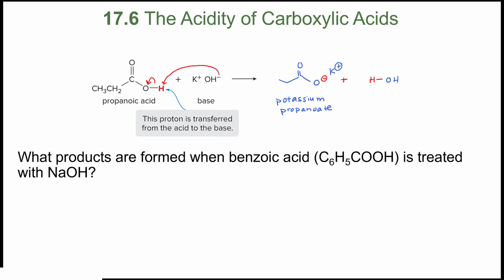So what products are formed when benzoic acid is treated with sodium hydroxide? Benzoic acid, if you recall, is the benzene that has the carboxylic acid on it. We're going to react it with sodium hydroxide, which is Na+ OH-.